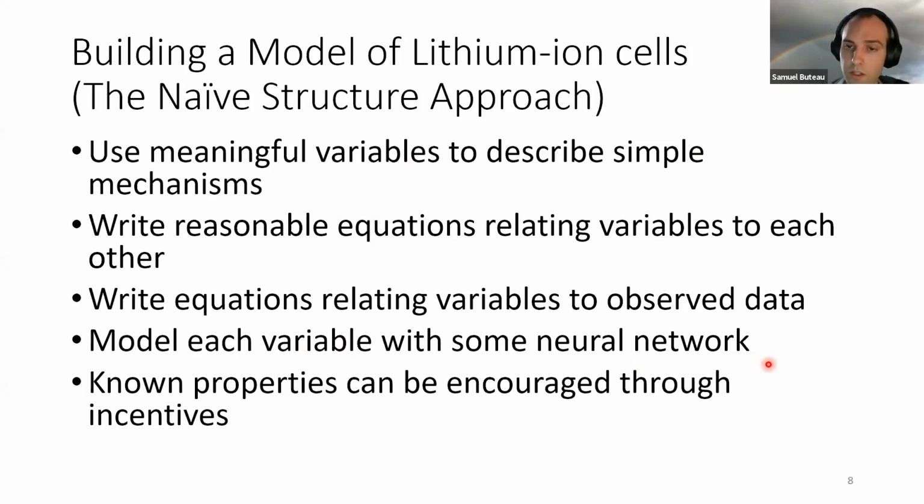So that's one way to include the structure: you just have the structure in which these neural networks are connected. The second important feature of this approach is that if you know some properties, some relationship between the variables, you can convert this property into incentives that you optimize for during training, alongside minimizing the error of reconstruction of your data.